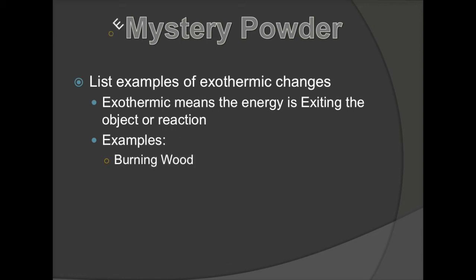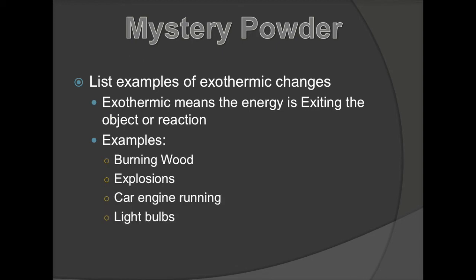Some examples are going to be burning wood, explosions, car engine running, light bulbs. So copy some of those down, make sure you're able to recognize when heat is given off. And these are all examples here. Exothermic means the energy, thermal energy, is exiting the object or reaction.